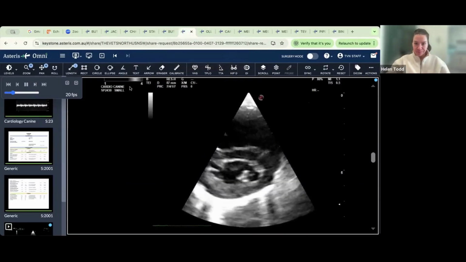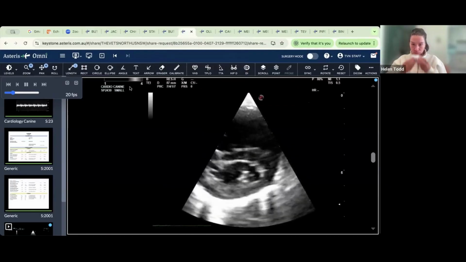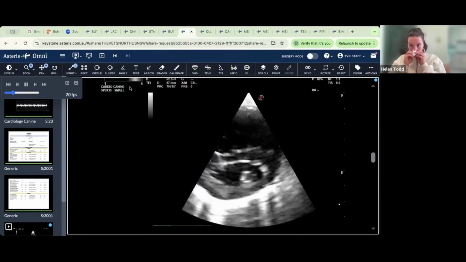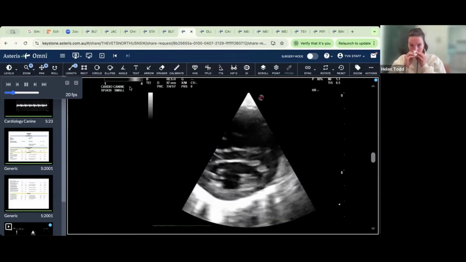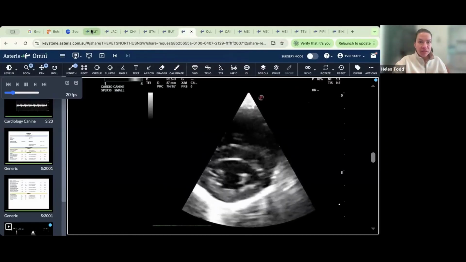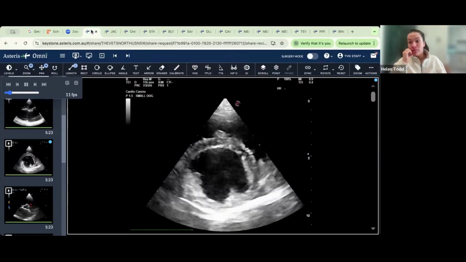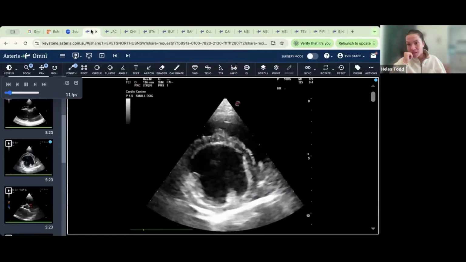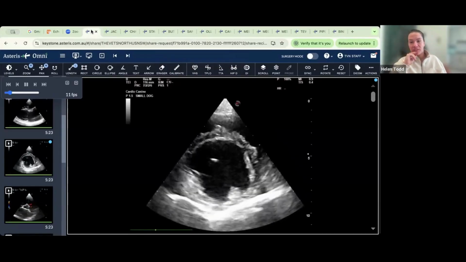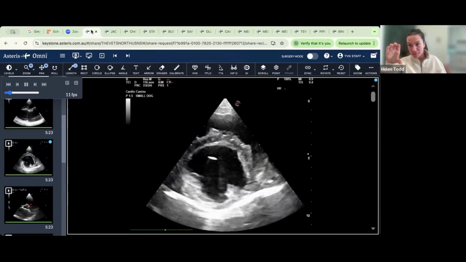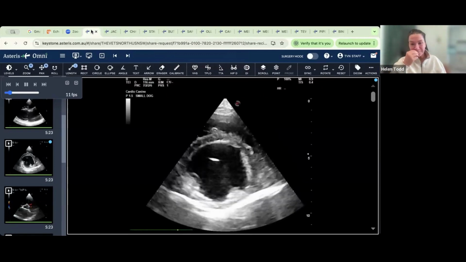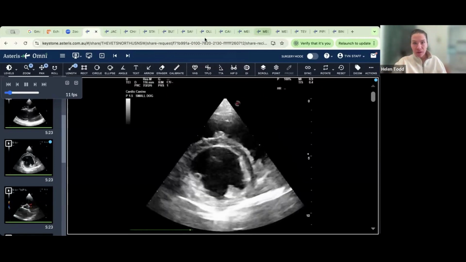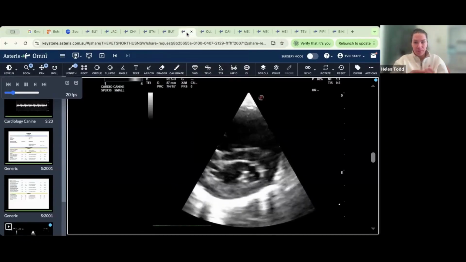Let me show you this view. So I feel like in this view, this mushroom is really obvious. Now it's even more obvious because this dog's got DCM, so it's not contracting as much and it's volume overloaded. But let's look at that compared to this view.